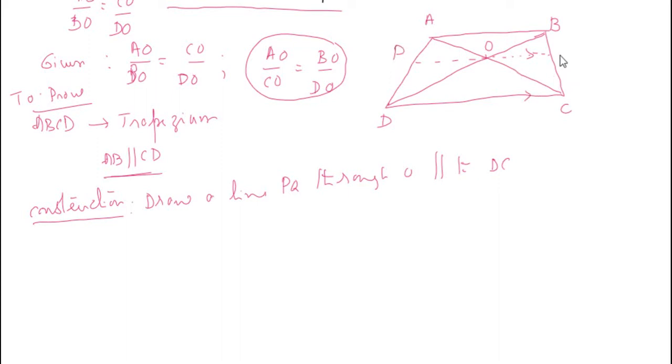These points are P and Q. In triangle ADC, PO is parallel to DC. Therefore, AP by PD is equal to AO by CO. This is by again Thales theorem.